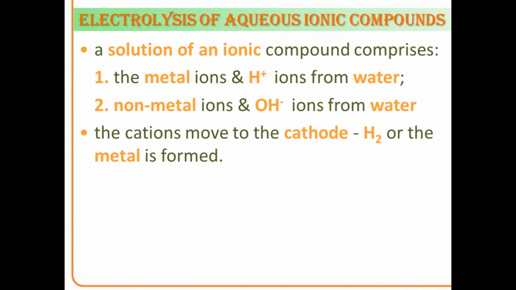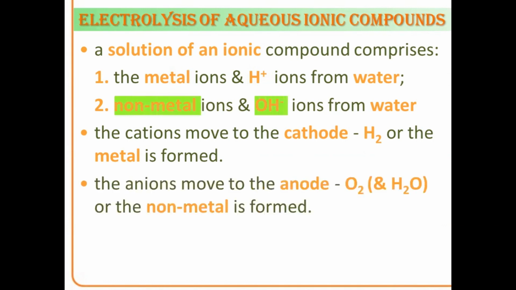Now, during electrolysis, the cations move to the cathode where hydrogen or the metal is formed. And then you have the anions that are going to move to the anode where oxygen is going to be formed together with water, or the non-metal.